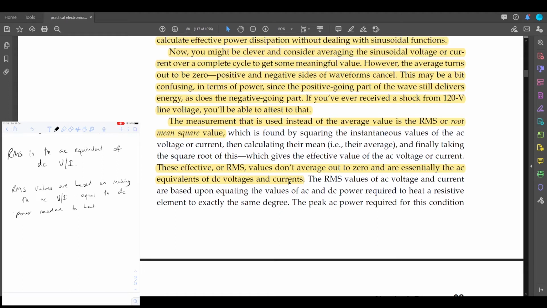What's a resistive element? Just any component that has resistance. Needed to heat a resistive element.